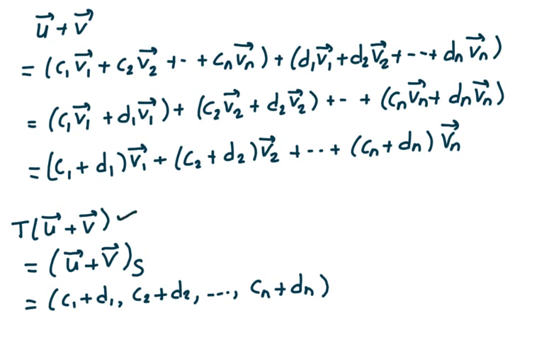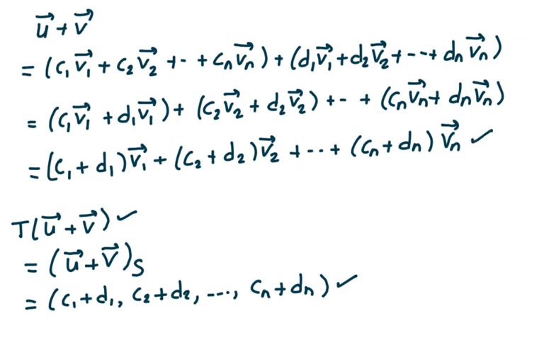But that's the coordinate vector of u plus v relative to S. And that is the vector whose first component is c1 plus d1. The second component is c2 plus d2. And then I keep going. The nth component is cn plus dn, right? And that comes from up here.